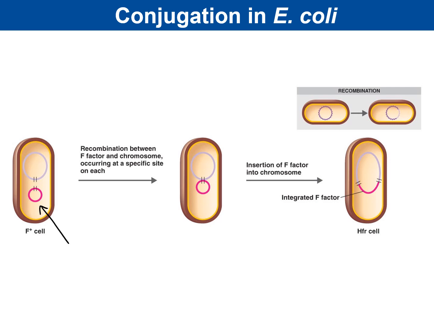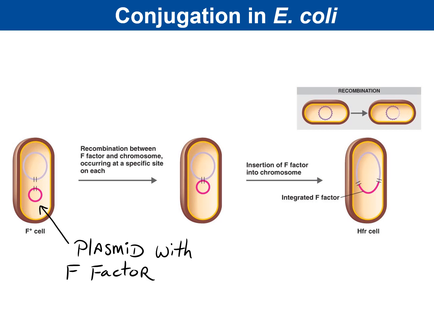This little circle here is a plasmid. A plasmid is a little extra circular piece of DNA that's not part of the chromosome. And this plasmid has the F factor on it.